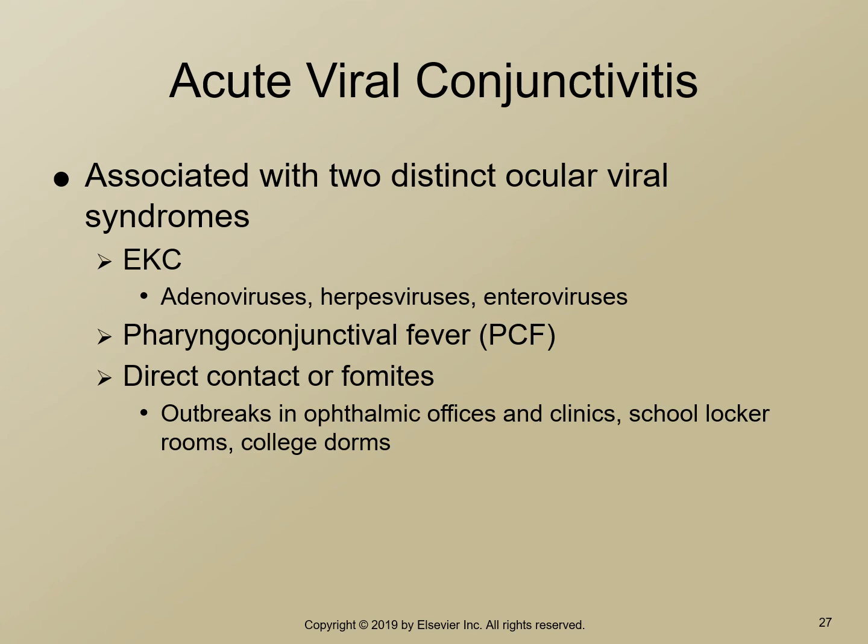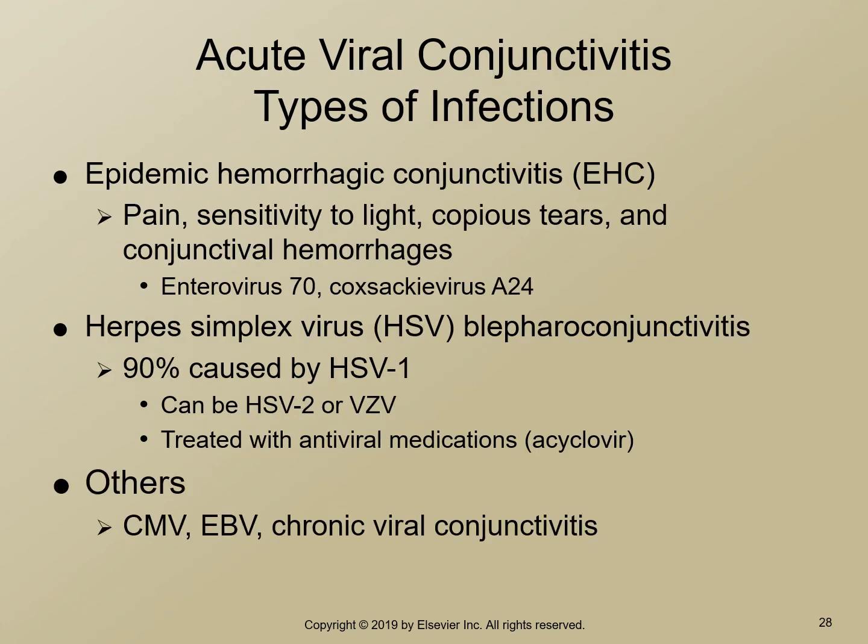EKC has been known to spread through direct contact, fomites, and physicians, and it's usually responsible for outbreaks in eye doctors' offices and clinics, school locker rooms, or college dormitories. Acute hemorrhagic conjunctivitis, also called epidemic hemorrhagic conjunctivitis, is an acute, short-lived infection caused by either enterovirus 70, Coxsackie A24, and on rare occasions, adenovirus type 11.